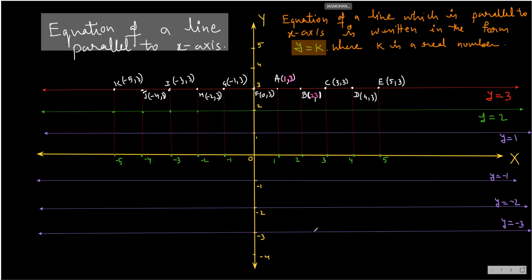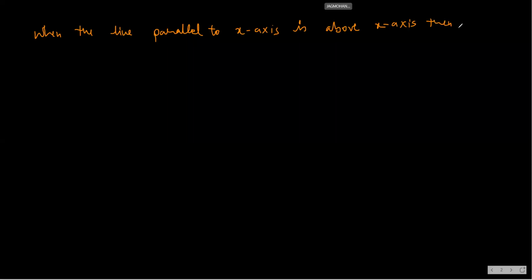When the line parallel to the x-axis is above the x-axis, then k is positive.